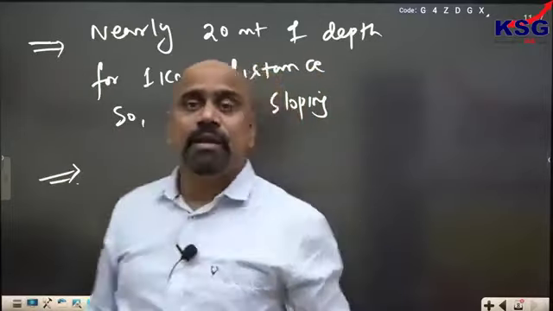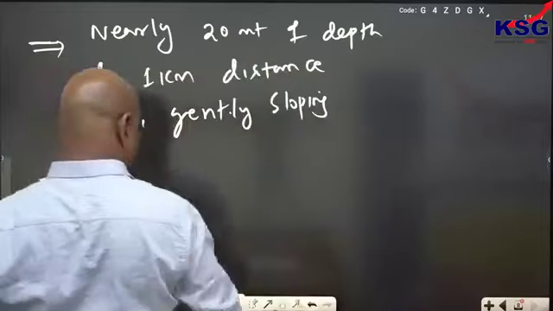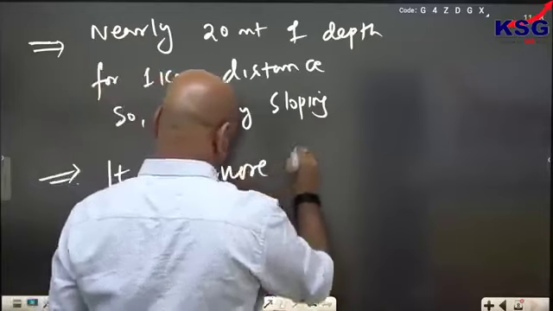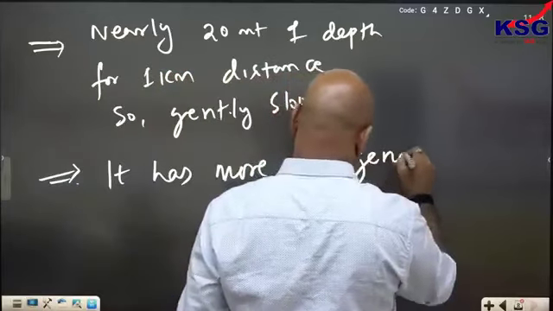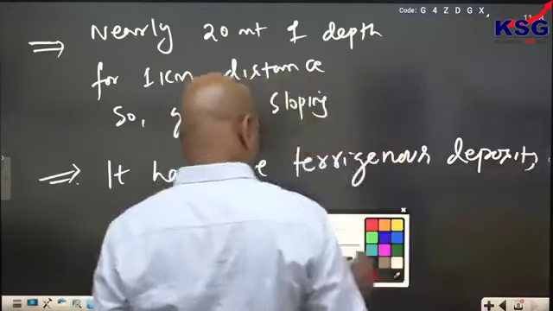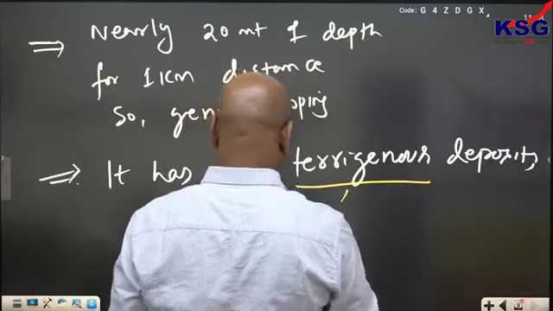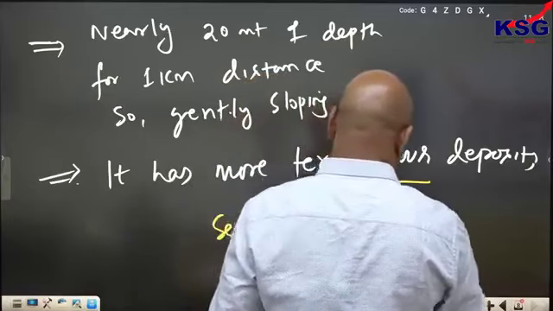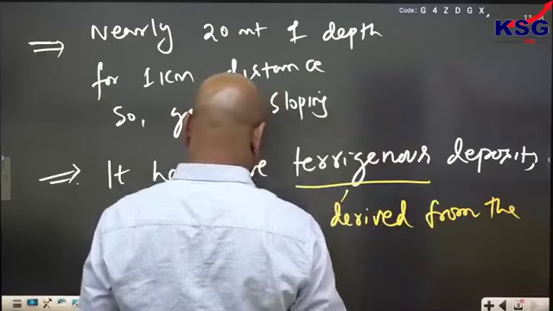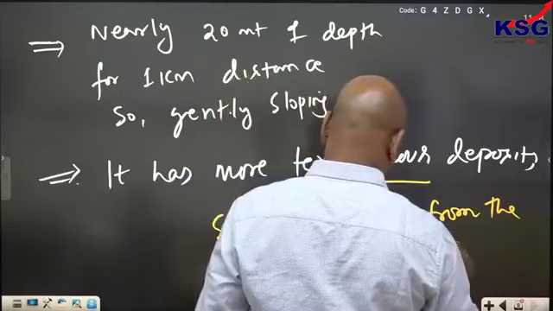What else is there? It has a lot of terrigenous deposits. What does terrigenous mean? Sediments derived from the earth's surface, or continents.